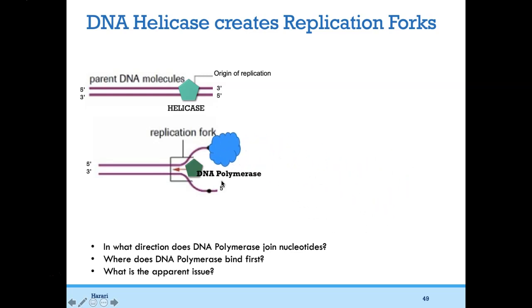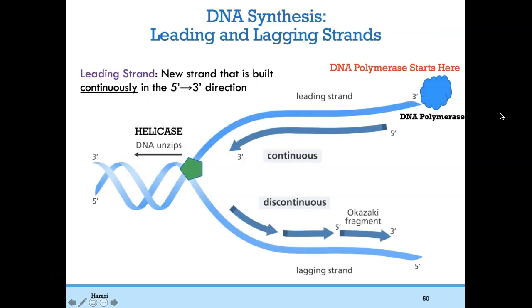The first part is pretty easy. We can make one strand very simply. So the leading strand is the strand that is built continuously in the 5' to 3' direction.